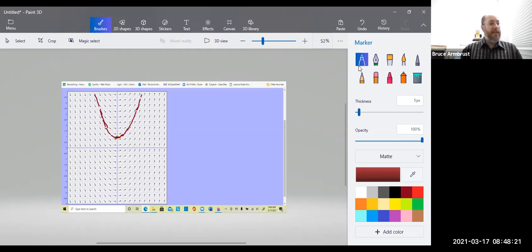Now, once you see a lot of these, you can get really good at it. Basically, just follow the arrows. And so if I were to start anywhere, let's say my initial condition, instead of being at 0, 1, was, say, over here. Let's say this is where my initial condition is going to be. Well, follow the arrows.